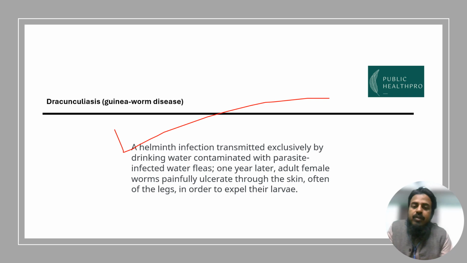It's a helminthic infection transmitted exclusively by drinking water. For prevention strategies, we can follow water filtration, safe water sources, as well as water treatment, like boiling water for use, followed by chemical disinfection to kill the larvae breeding there.